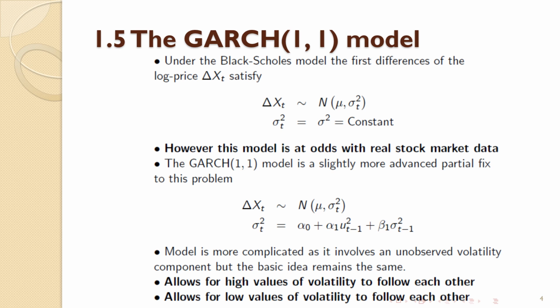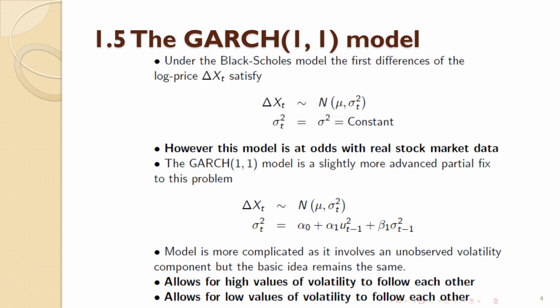And then the GARCH(1,1) model is a slightly more advanced partial fix to this problem compared to the ARCH(1) model. The basic idea is that volatility from the previous time period can feed forward and affect today. This enables high values of volatility to follow each other and low values of volatility to follow each other.